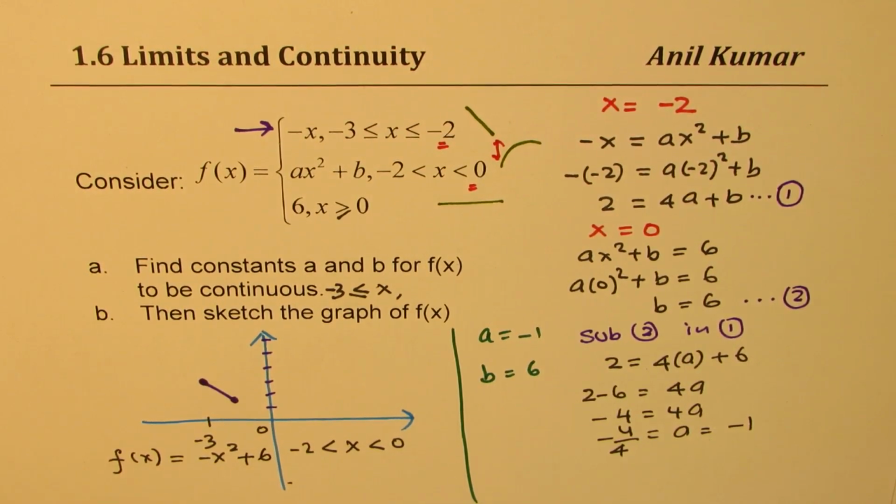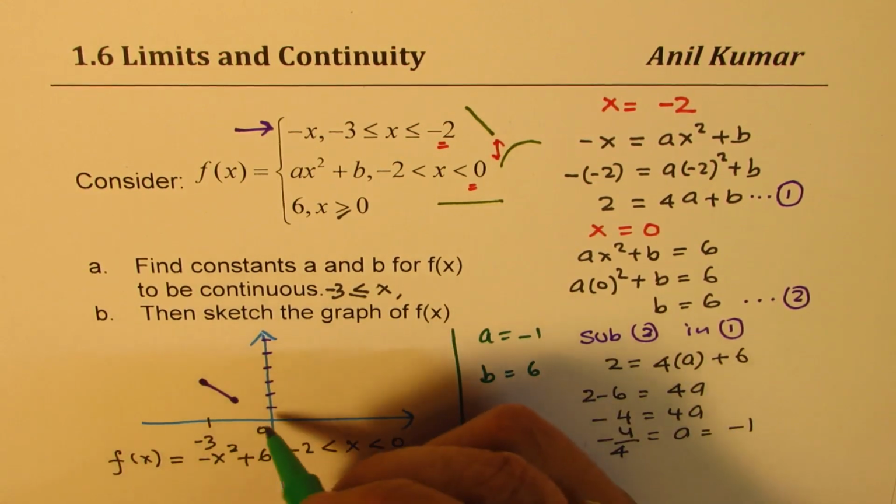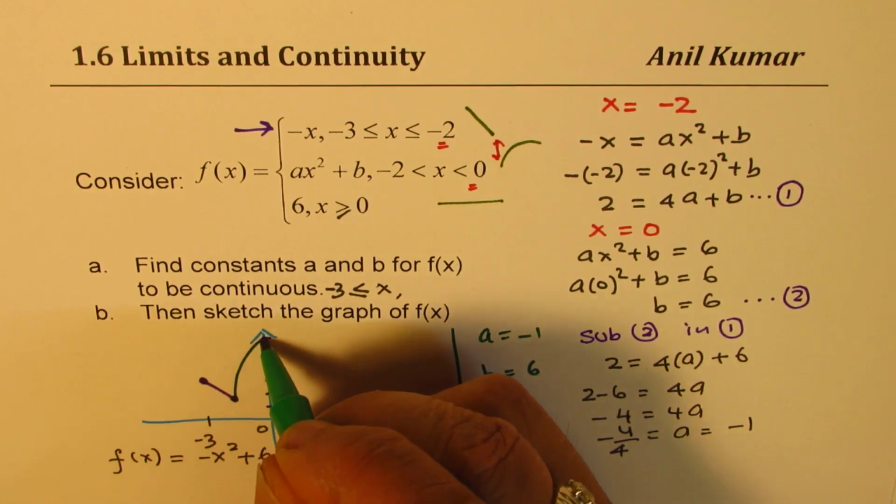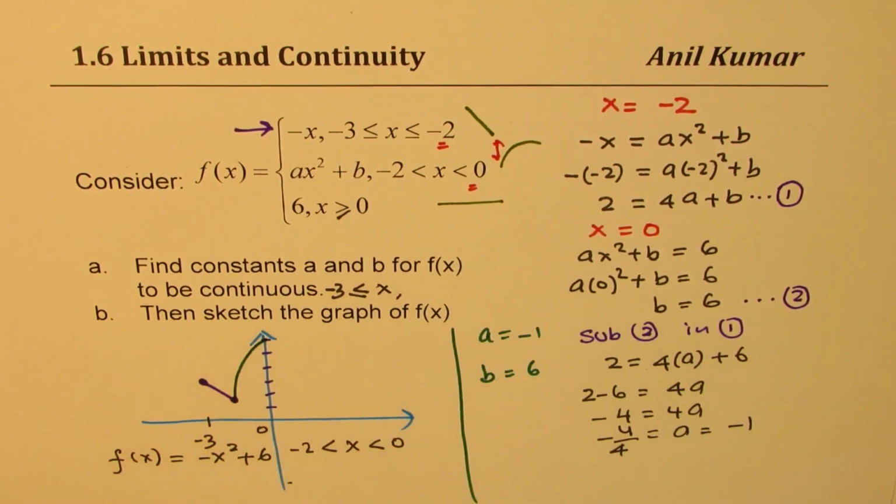Okay? So if I substitute minus 2 here, it has to meet here, and at 0 it is 6, right? So it is a parabola which is 1, 2, 3, 4, 5, 6, kind of like this. So that is the middle part.